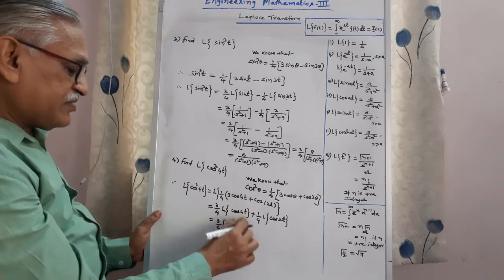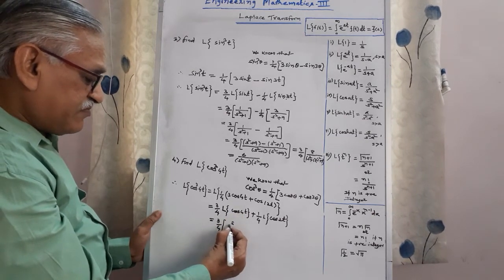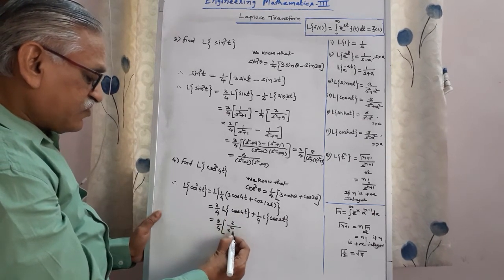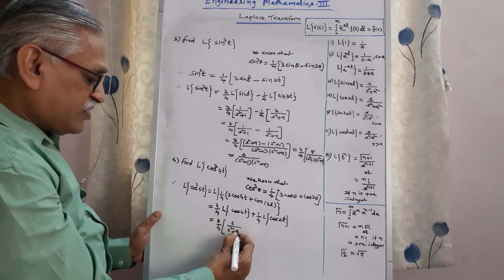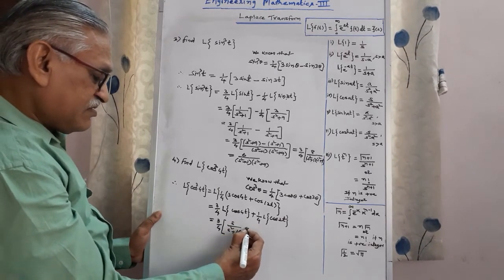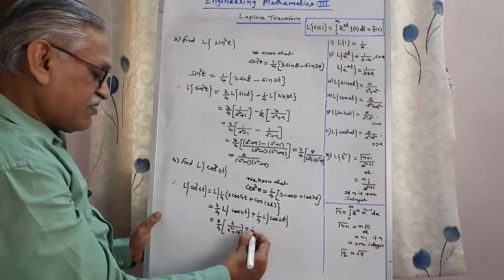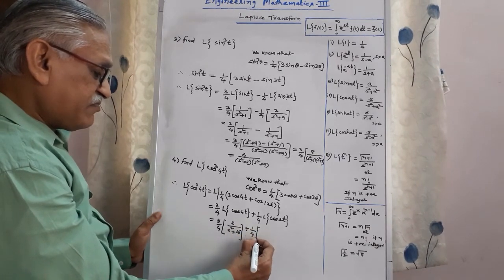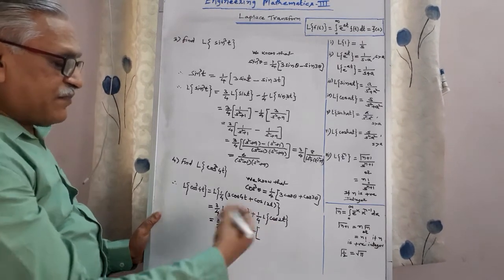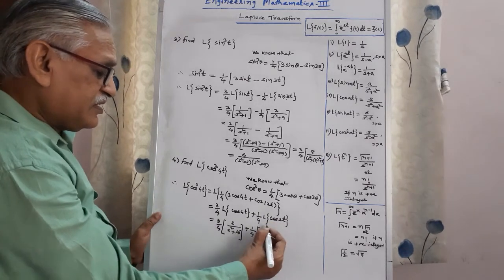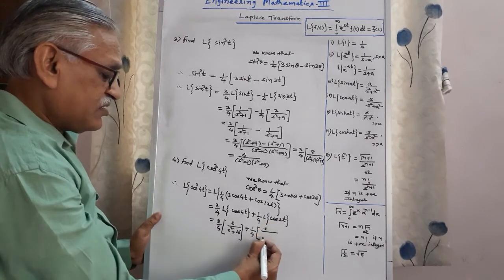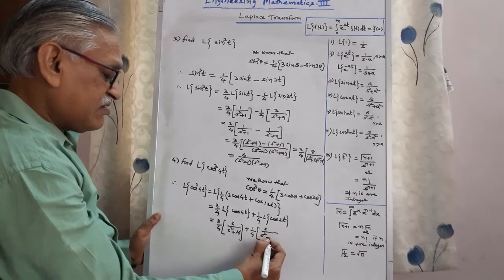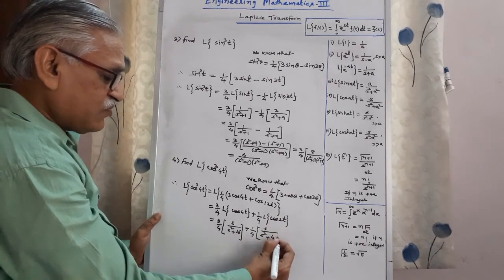Cos of at, its Laplace is s upon s square plus a square, 4 square, 16. Plus 1 by 4, cos of 12t, its Laplace is s upon s square plus a square, 12 square, 144.